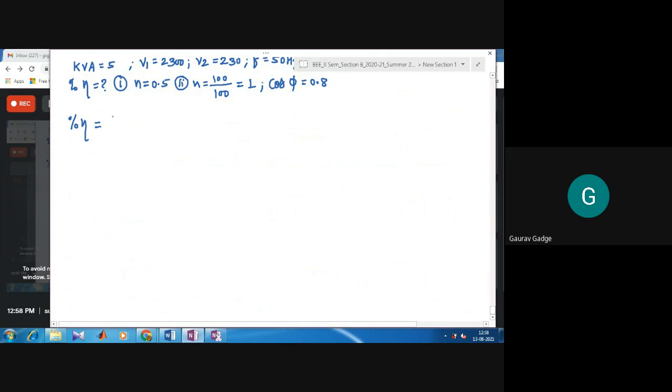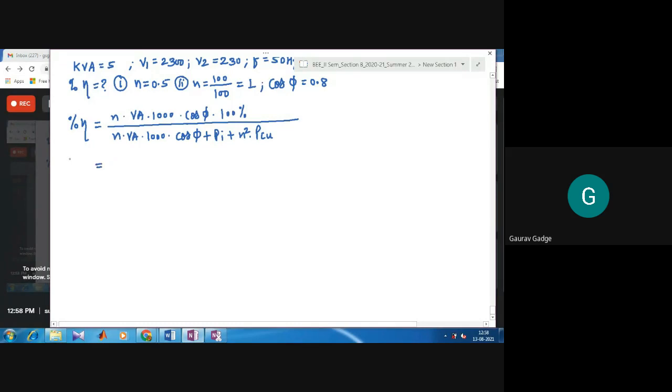Percentage eta is equal to N into VA rating into 1000 into cos phi multiplied by 100%, divided by N into VA rating into 1000 into cos phi plus iron loss plus N square copper loss.